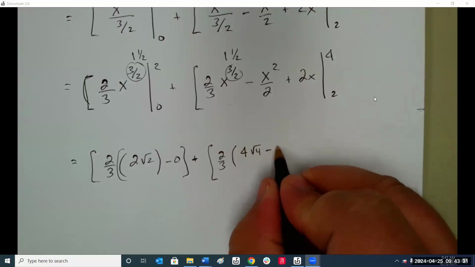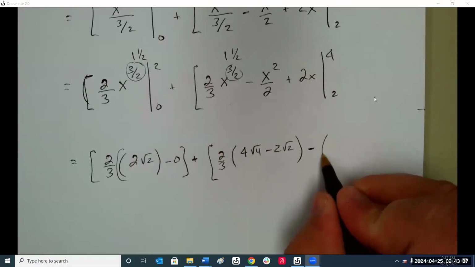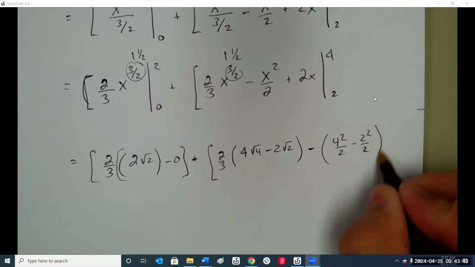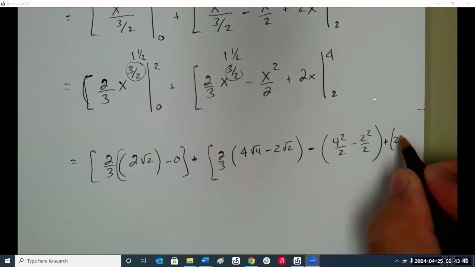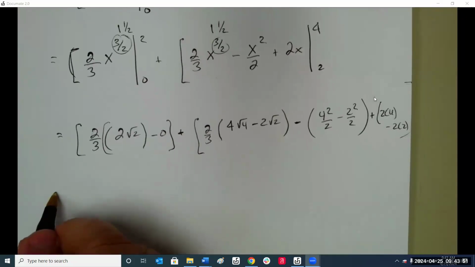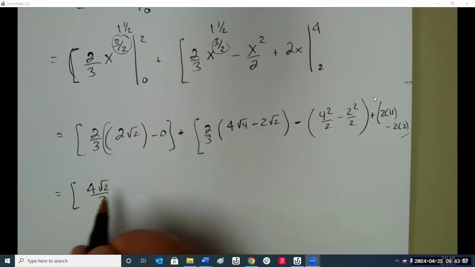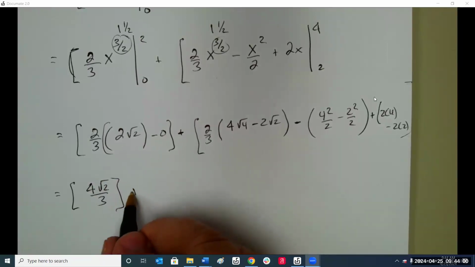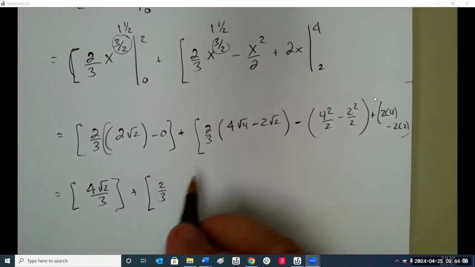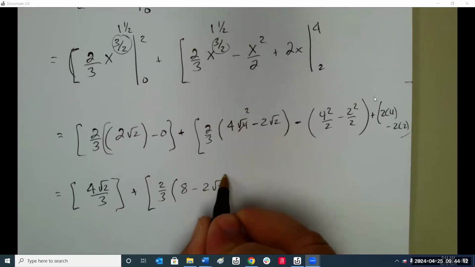Then 4 square root of 4, minus 2 square root of 2. 4 squared over 2 minus 2 squared over 2. 2 times 4 minus 2 times 2. So 8, minus 2 radical 2.